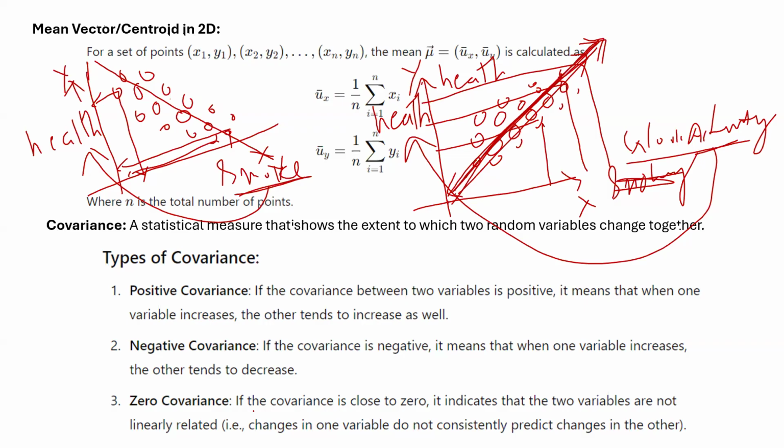Can someone give me an example of that? No covariance. There should not be any relation between the two random variables, is what zero covariance means. This is how the diagram looks.